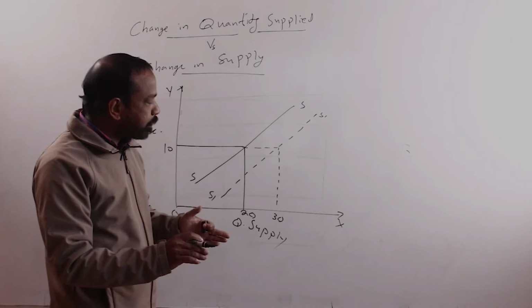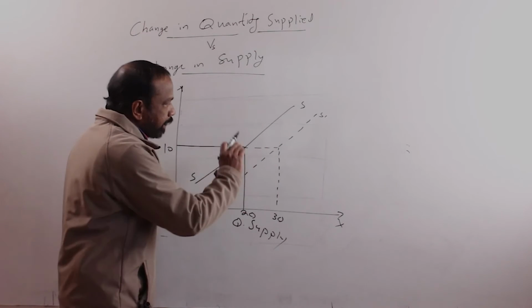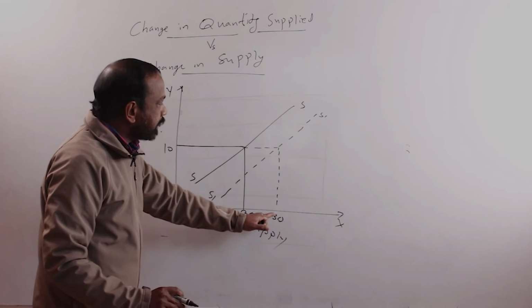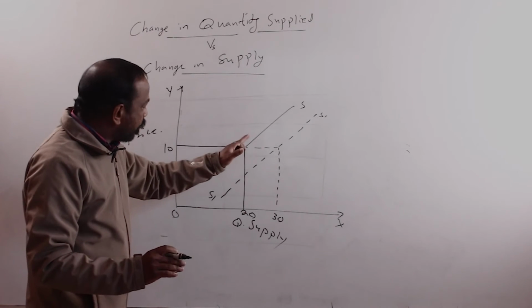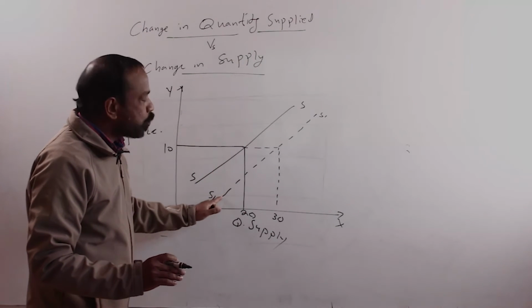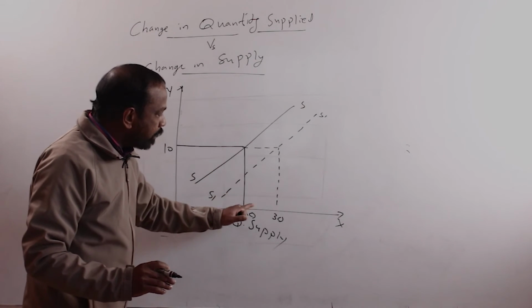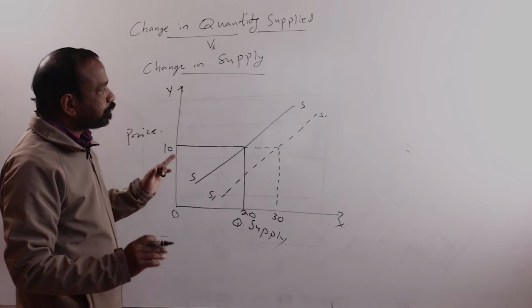Government removing tax means it reduces the cost of production. That is why our supply increased, 20 to 30. Our supply curve shifts from S to S1. We supplied more quantity with the same price.